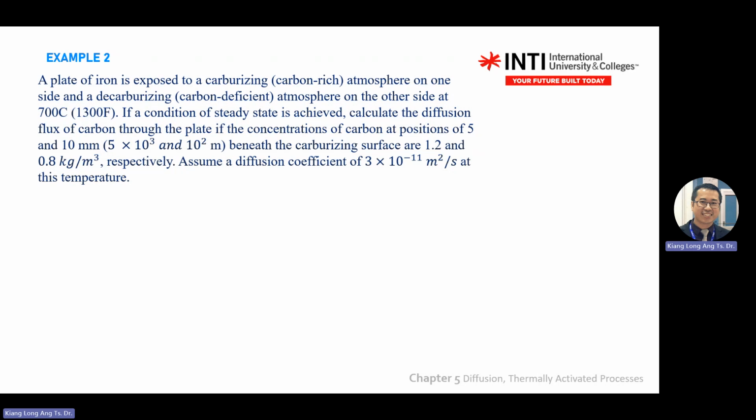At 700 degrees C. So concentration is given at position 5 mm beneath the carburized surface. This is the surface. Position of 5 mm, so this is 5 mm. This is 10 mm.